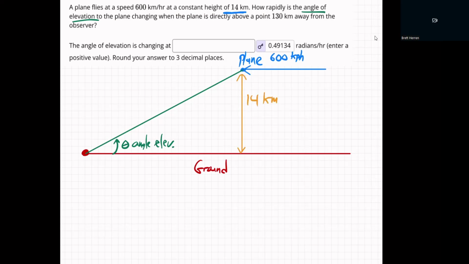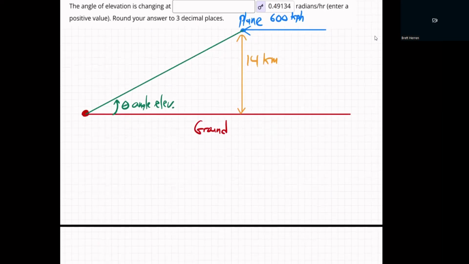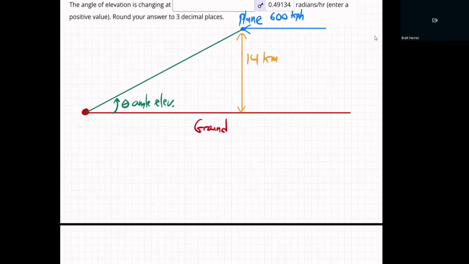In other words, the plane is flying horizontally, flying flat. It's not going up, it's not going down, steady height, 14 kilometers. Okay, let's go to our things we need to do.